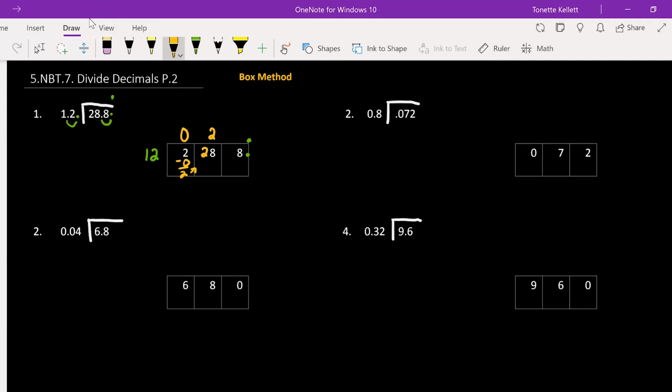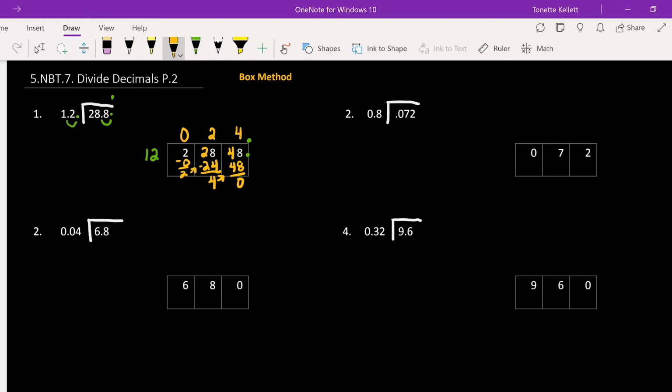Put a 2 above that box. And 2 times 12 is 24. You're going to subtract 24 and get a 4. Draw a 4 outside of that 8, and you've got a 48 now. 12 goes into 48 4 times. 12 times 4 is 48. And that's your answer. Your answer is 24 as a whole number.